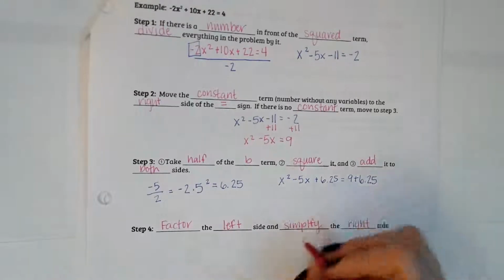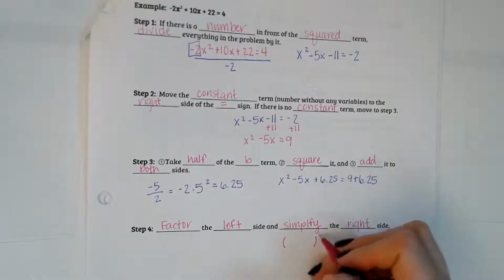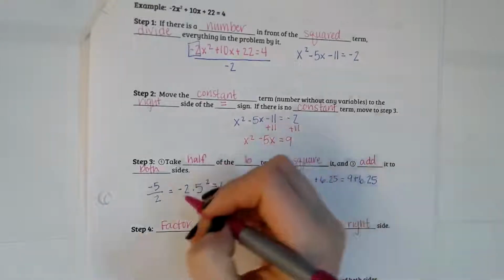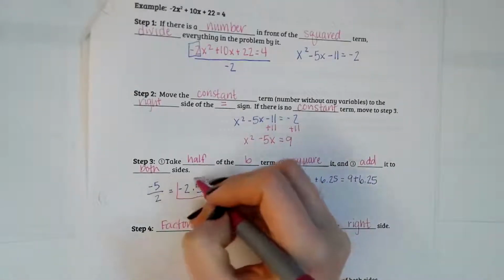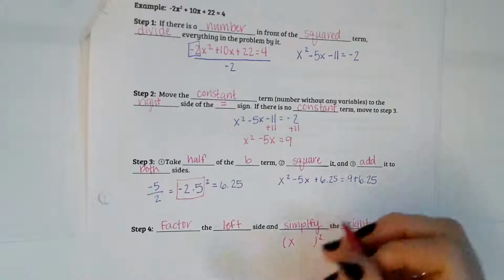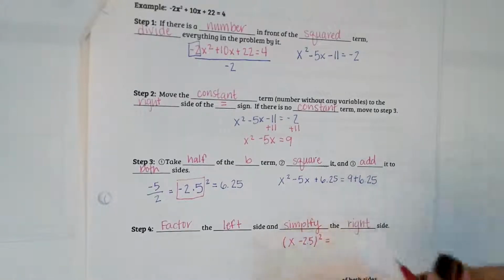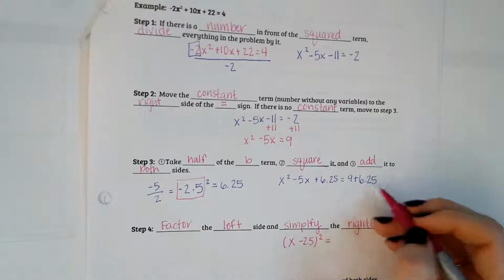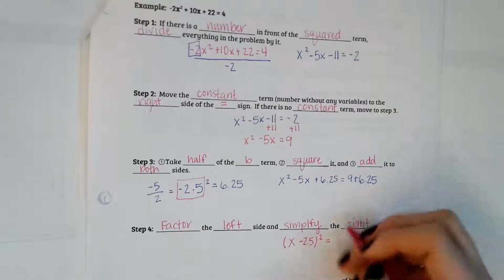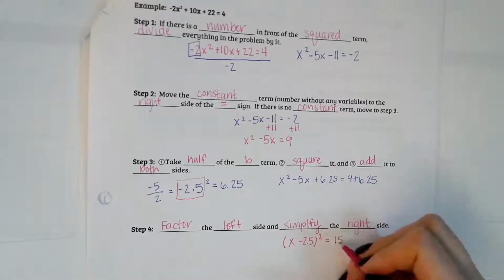So remember, when you put this in your parentheses, it's whatever your b divided by 2 was. So that's a negative 2.5. So that goes right there. And then simplify the right side. So that's adding these two together. So that's 15.25.